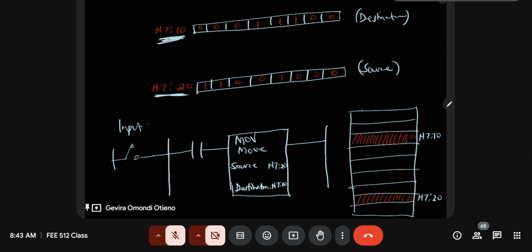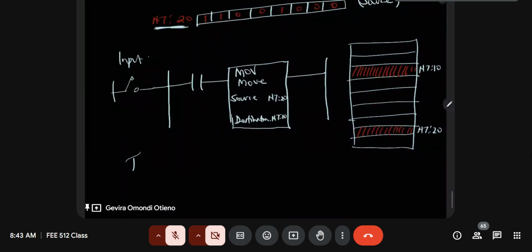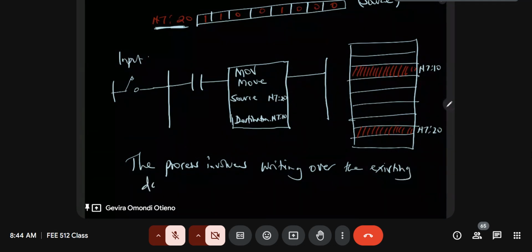Because we are moving information from the source to the destination, we are writing over the existing data. So the process involves writing over the existing data in the destination address.